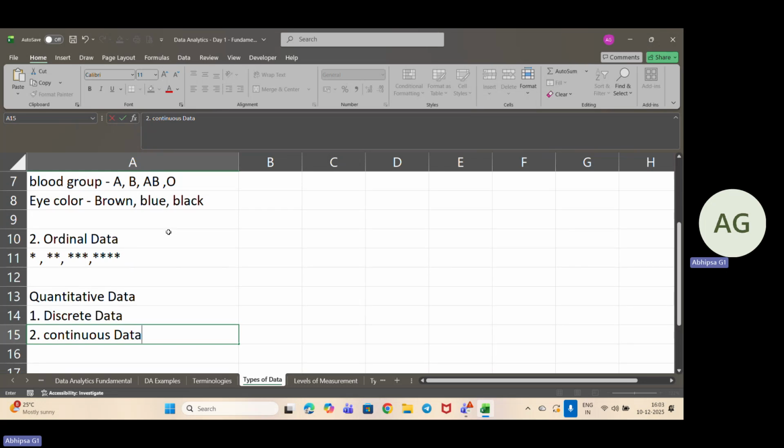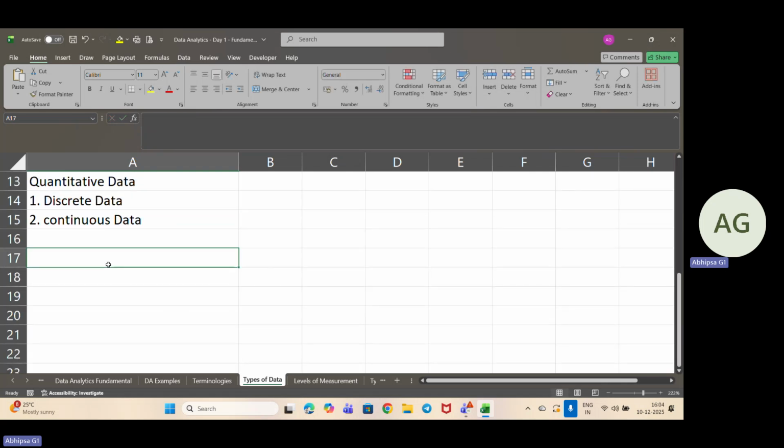Ordinal data is also categorical or text-based data, but has a bit of a sense of ranking to it. Next is quantitative data, which contains discrete and continuous data. Discrete are the countable numbers, and continuous are the things that are measurable.